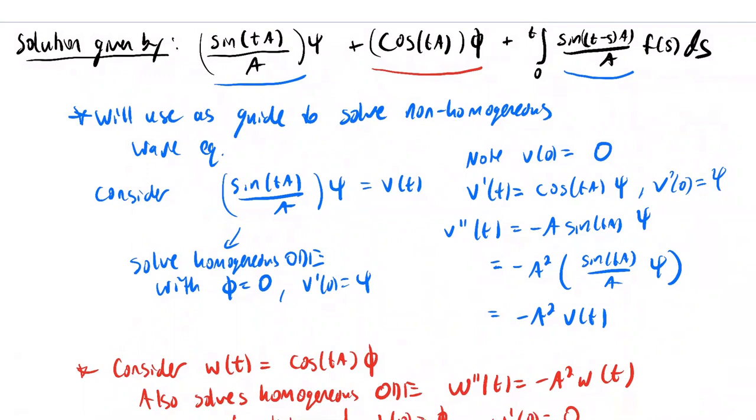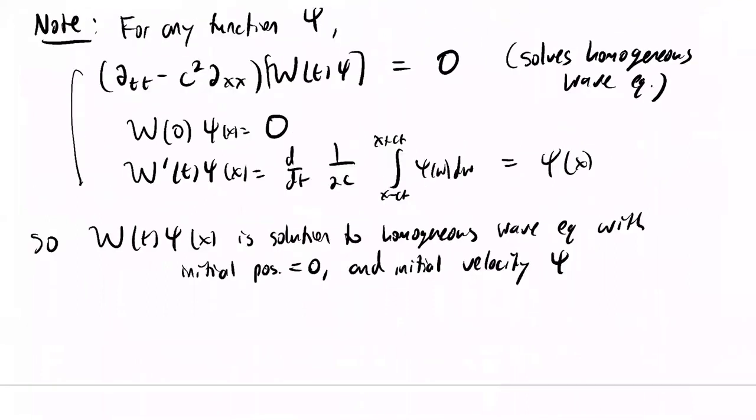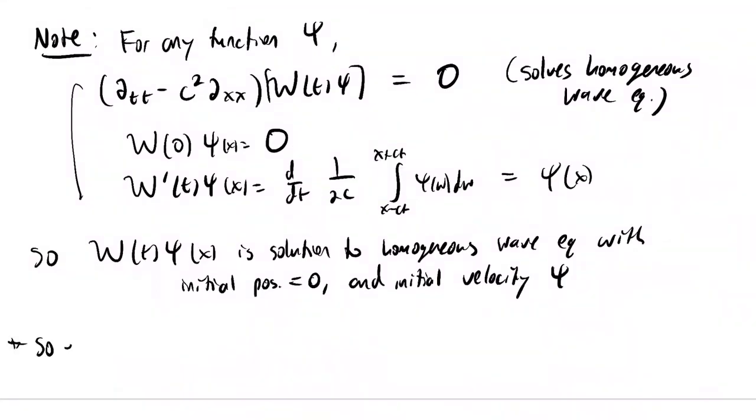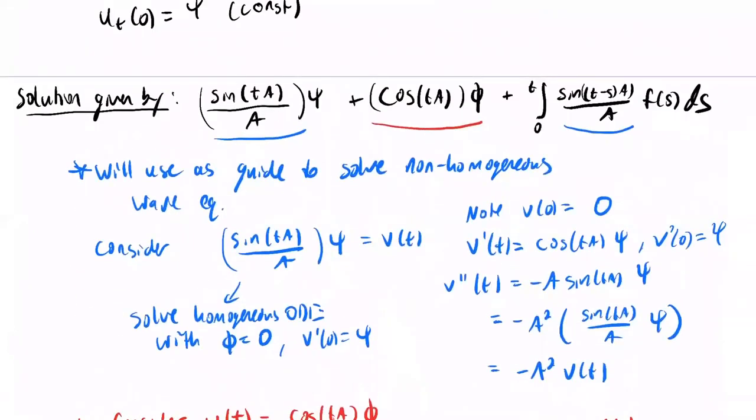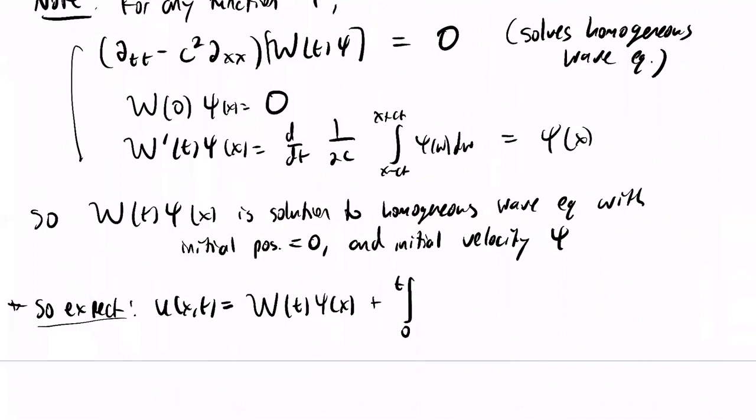So this should indicate that there should be two terms in our solution formula which involve this operator W. So we expect my solution u of x,t to be equal to this wave operator applied to psi, plus the integral from 0 to t of the solution operator at time t minus s applied to f, ds.